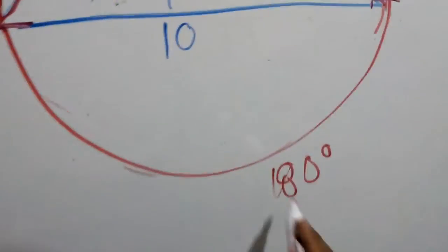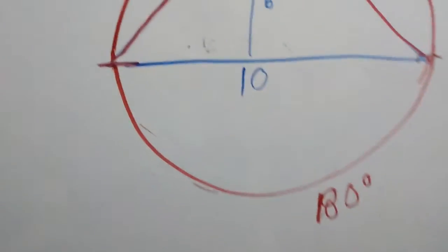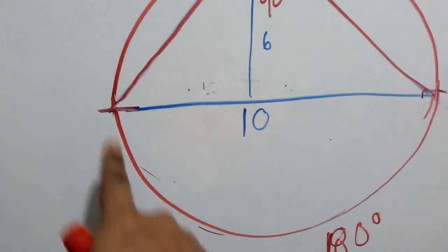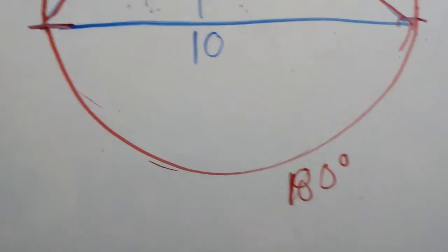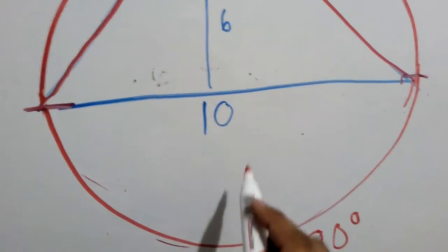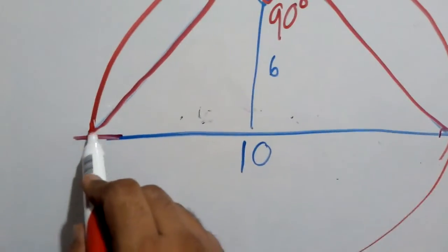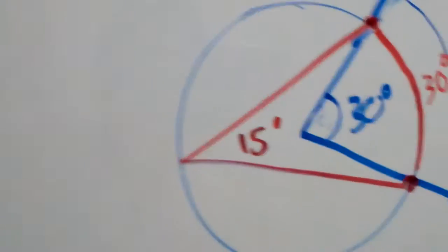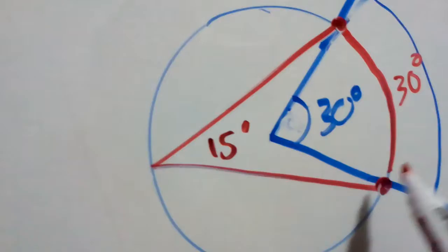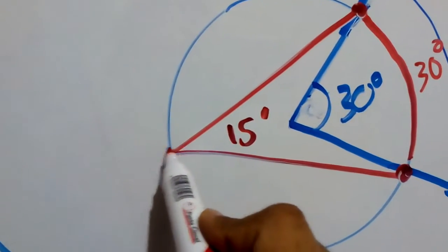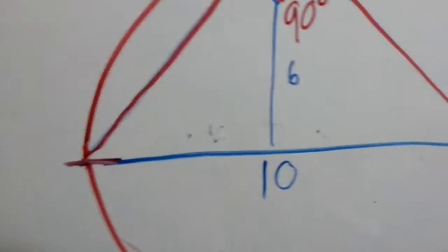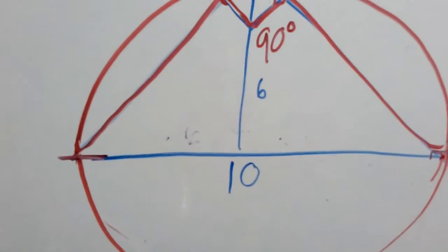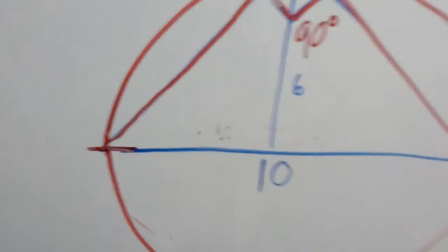If the full circle is 360 degrees, the half of the circle is 180 degrees, and we are taking this situation, the angle extended to the circumference. That's the reason this is 90, because we are taking the half of the circumference.